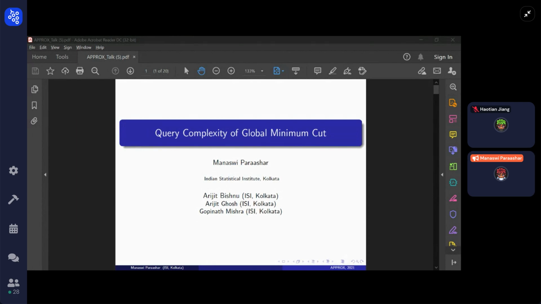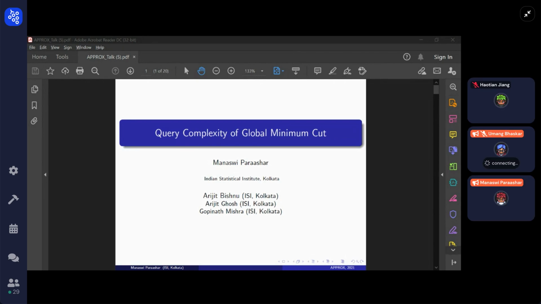Umang, so this seems to be working fine. You just make it full screen.